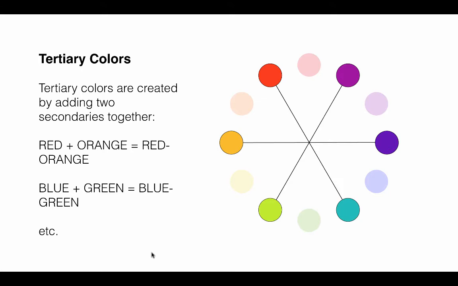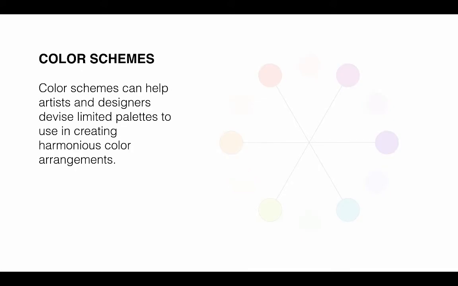So it would always be red-orange, never orange-red. So it's red-orange or blue-green, etc. And that's as far down as it goes. It goes primary, secondary, tertiary, and then any colors that are blended in between those are referred to simply as intermediate colors.